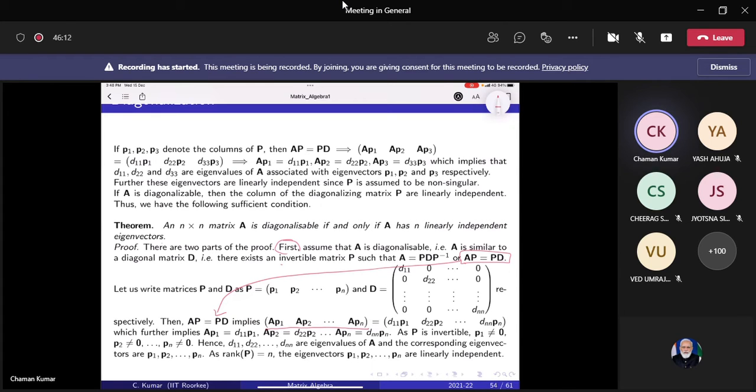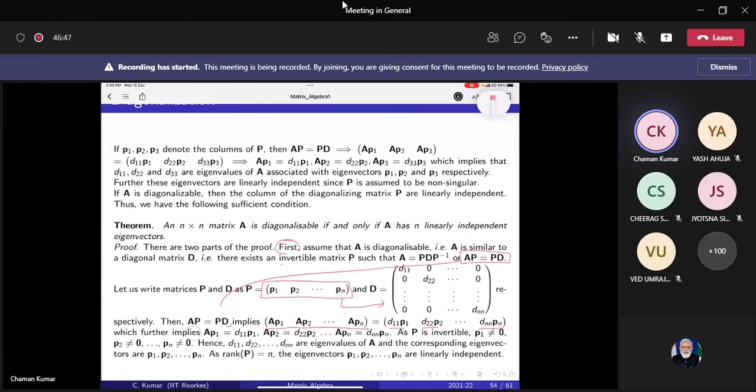And the right hand side is the product of P with the diagonal matrix D. The columns of P are P1, P2, Pn. When you multiply this by the diagonal matrix, you will get D11 P1, D22 P2, and so on, Dnn Pn.